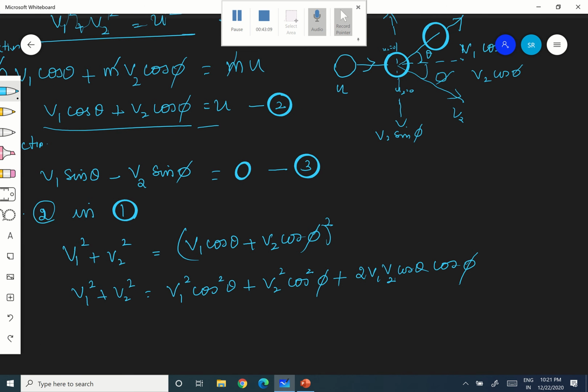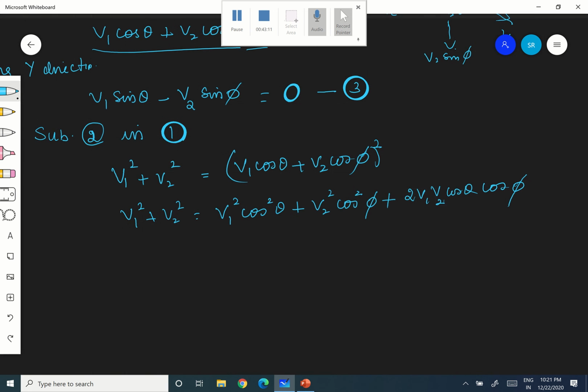Clear? Therefore I am slightly rearranging. See, let me take v1 squared out. Therefore v1 squared, if you take out, 1 minus cos squared theta. Like that v2 squared, if you take v2 squared out, therefore 1 minus cos squared phi.